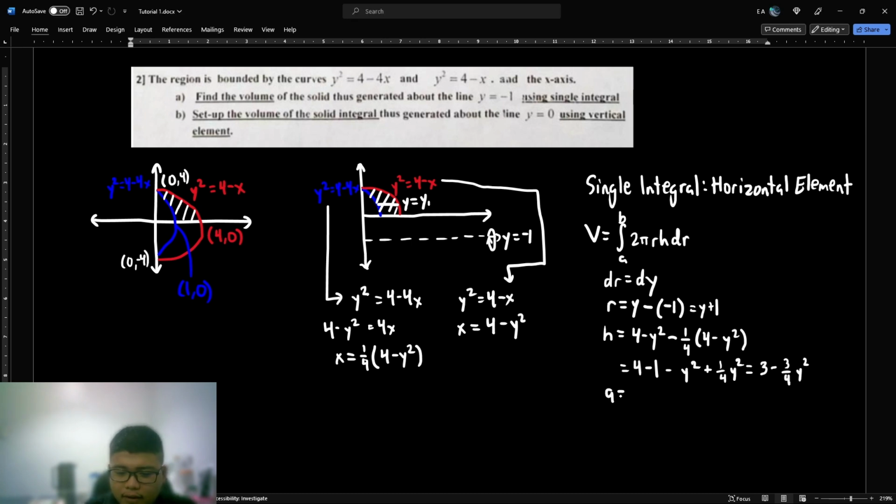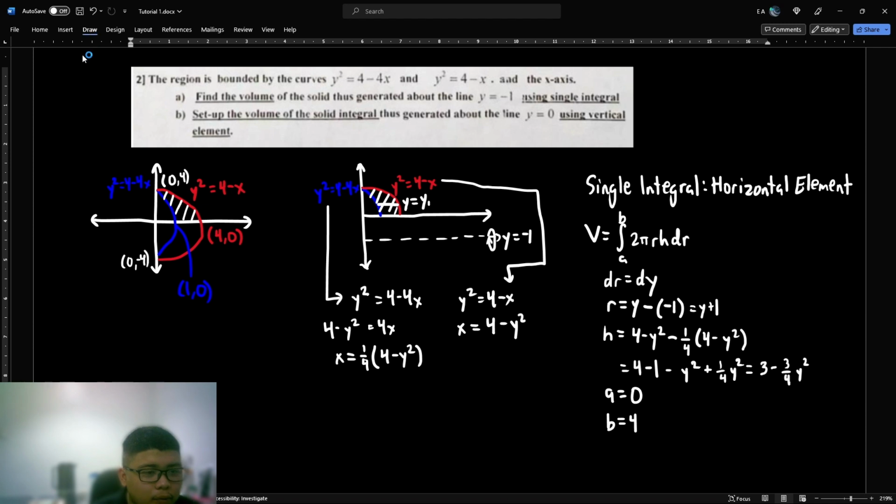For our a, since we're using dy, we're going to be using the lower limit. So our lower limit here is actually 0. So y equals 0. And our b is y equals 4, which is our upper limit. Oh, I apologize. It's not actually y equals 4.